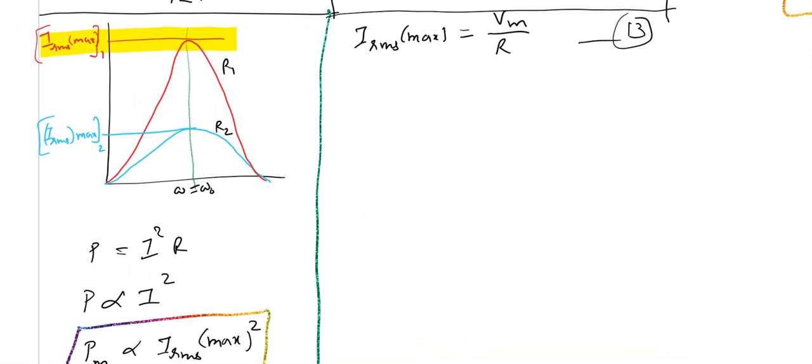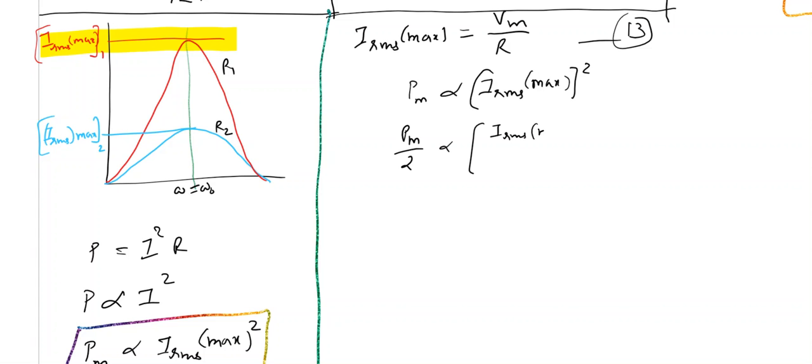So, as the power is proportional to IRMS max square, I can say that for half power, the value must be IRMS max squared by 2.